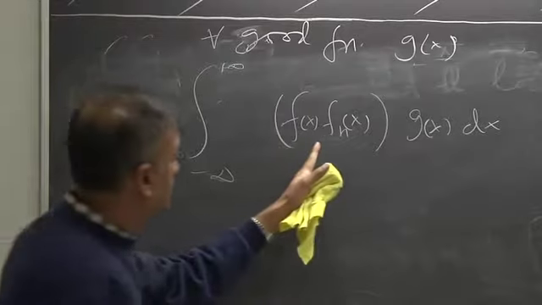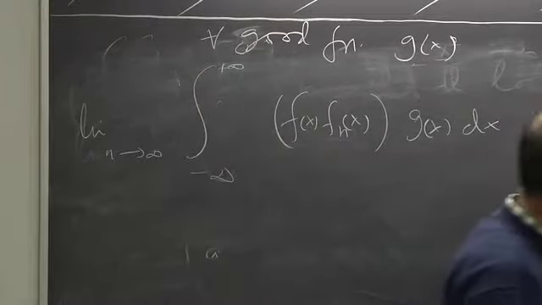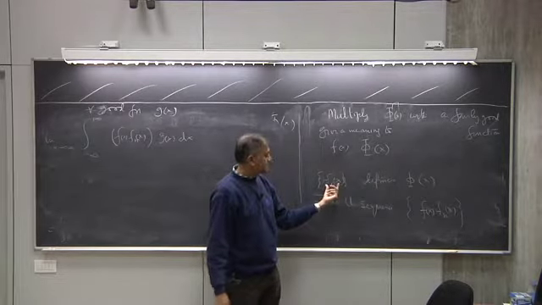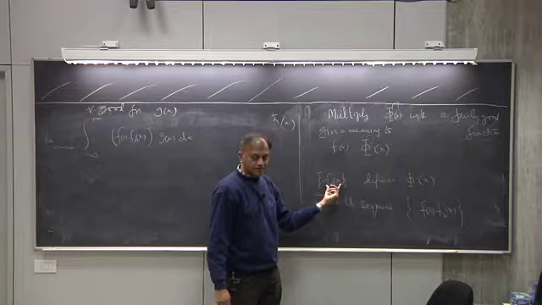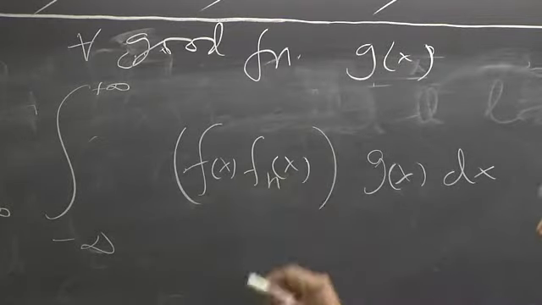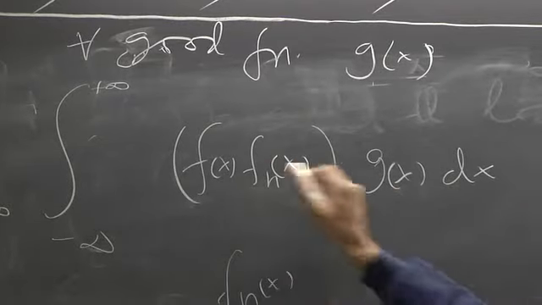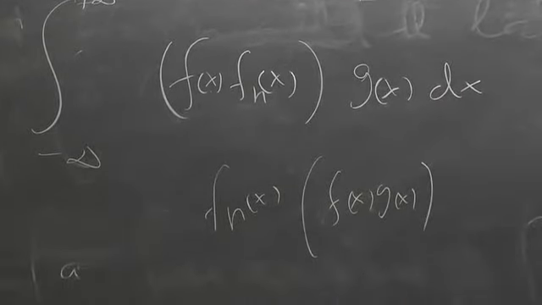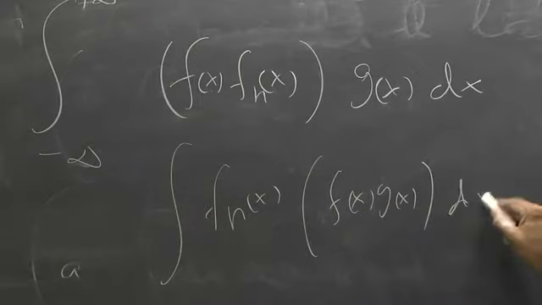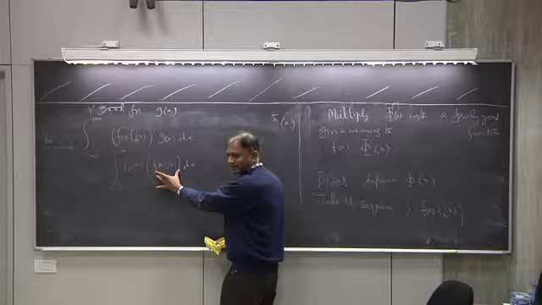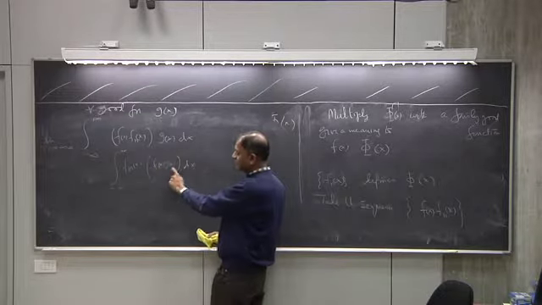But we already know that the f_n define the generalized function φ(x). What it means is that the integral of f_n with any good function has a limit. But this thing is the same as the integral of f_n(x) times f(x) g(x) dx. And this f(x) g(x) is a good function again, since f is a fairly good function and g is any good function.